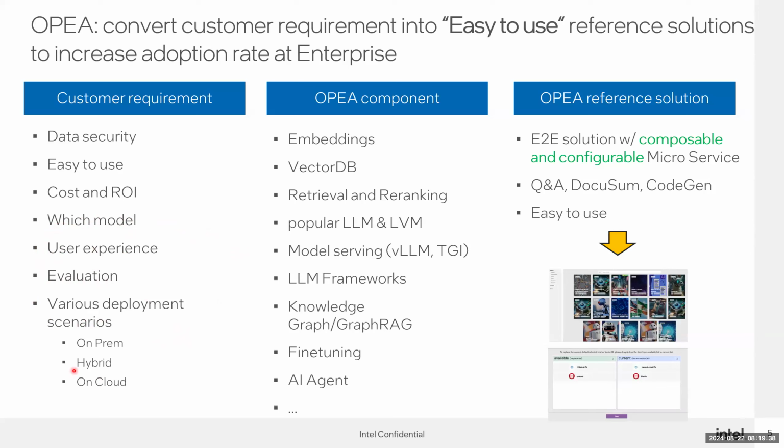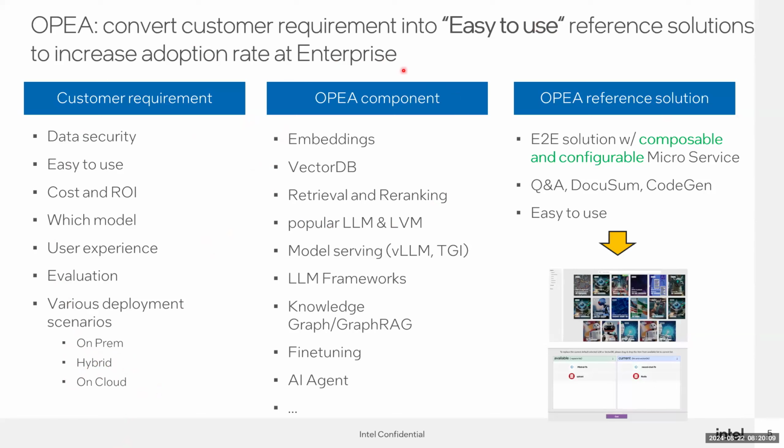Or should I keep just a portion of my data on-prem based on CPU and call the public models on the CSP side, this kind of hybrid approach, or should I just put everything on cloud? These are all the different scenarios the customer wants to consider. And all of this we will factor in when we're building OPEA from the solution space.